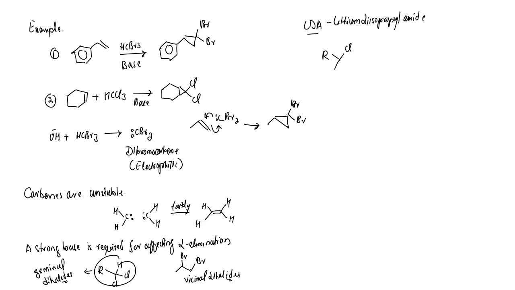For example, here we have a geminal dihalide. So if it is treated with LDA, we can get a species like this, which is known as a chlorocarbene.